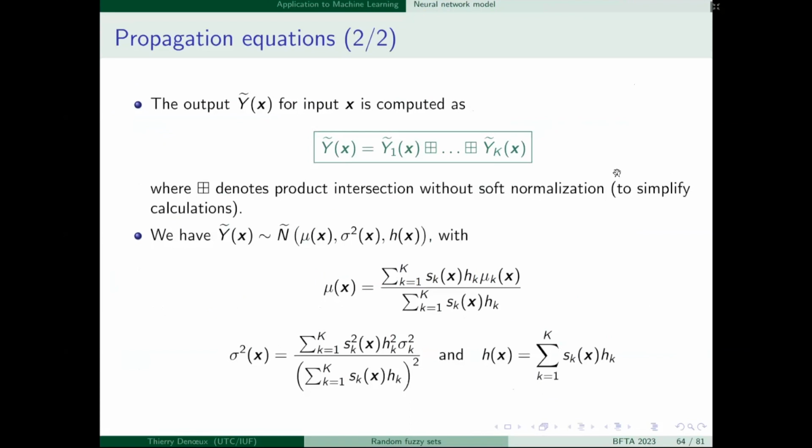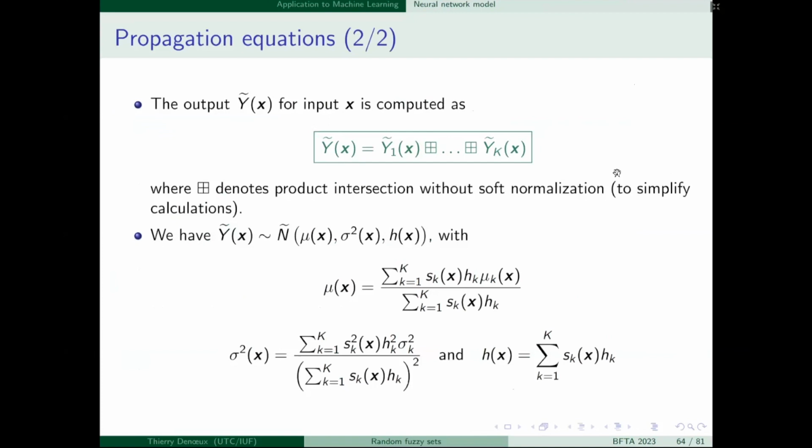So I use this symbol to indicate a different combination. We don't do that normalization. And we don't have conflict because we intersect Gaussians, so it's never zero. The support is the whole real line.